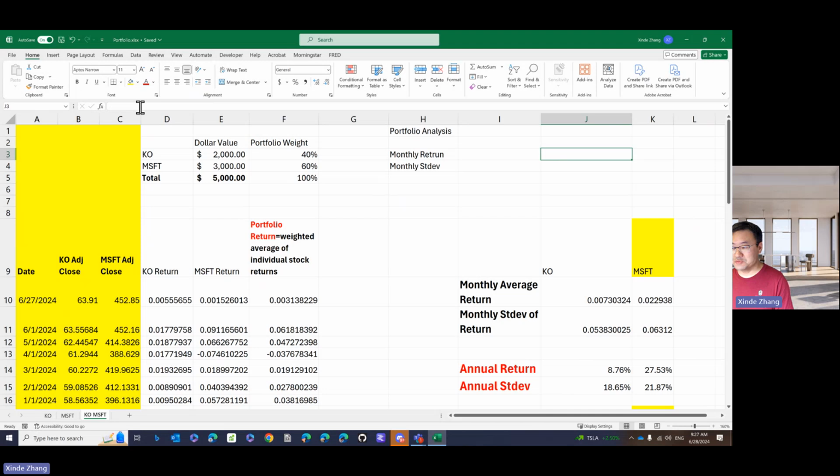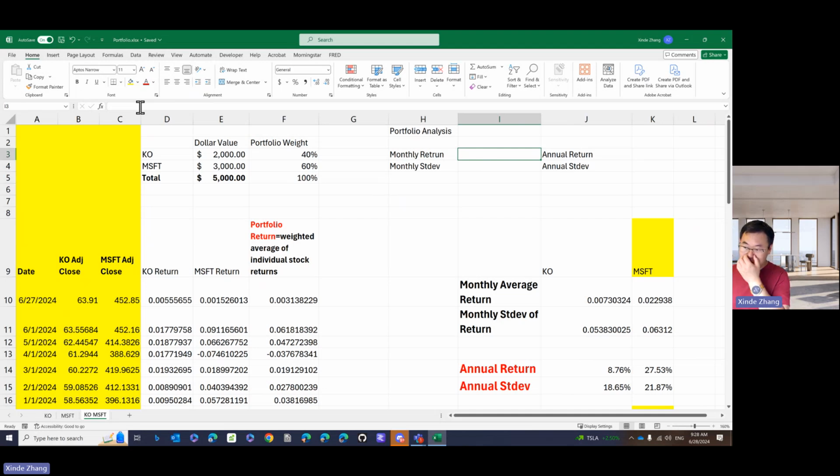And this time I'm going to move it across, and I'm going to put the annual return, annual standard deviation. So those are going to be the ones that I want to figure out.